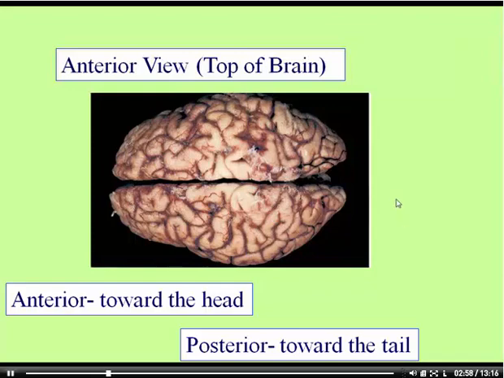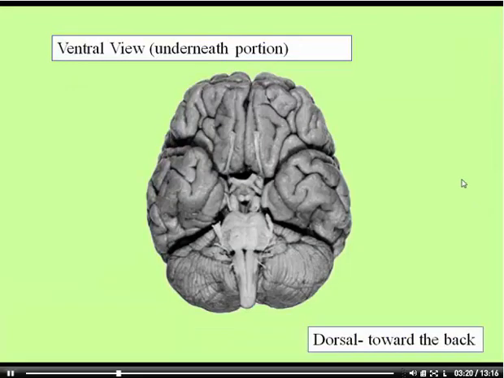And then the posterior, we don't have a tail, but if you can imagine your head, and imagine if you had a tail, if you were sitting on all fours, then this portion would be the posterior portion. It's very hard for me to even remember this. I just have to picture the person on all fours to picture where the anterior portion would be, the posterior portion would be.